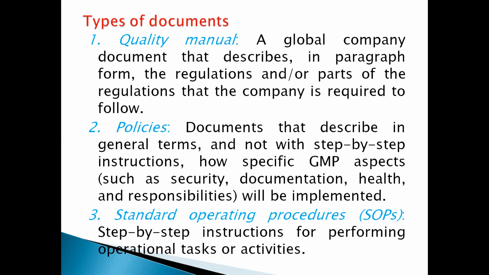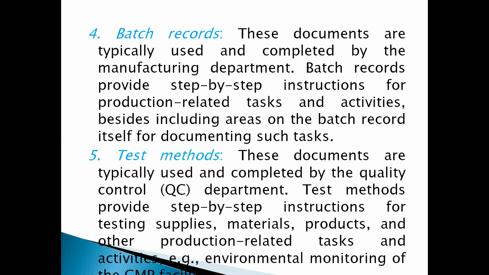So how specific GMP aspects, security, documentation, health, responsibilities will be implemented is in the policies. That's one type of document. Another type of document is the standard operating procedures, SOPs in general. It's nothing but step-by-step instructions for performing operational tasks or activities.